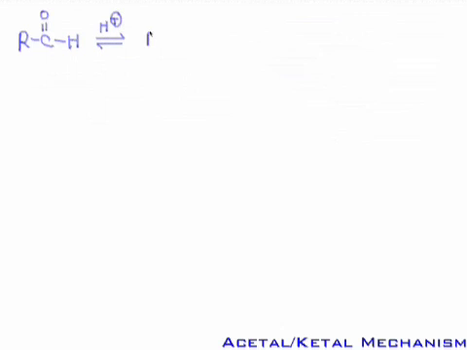And one of the things H plus can do as an electrophile, it's reversible, is protonate the C double bond O. And that leaves this guy, it's a positive, and I have an H here.